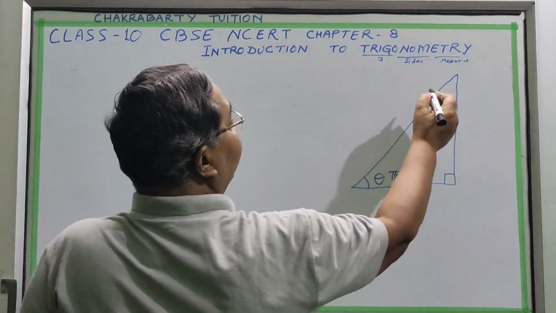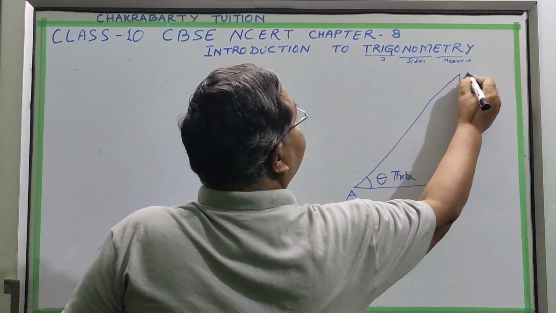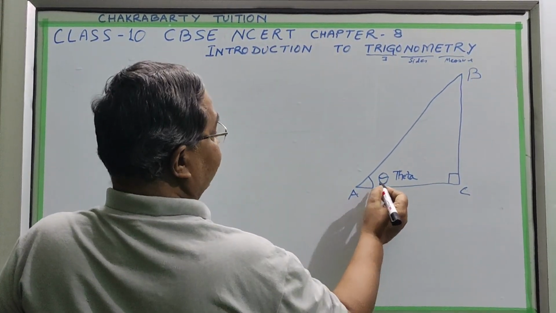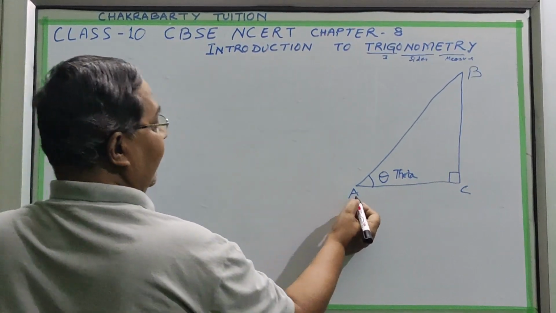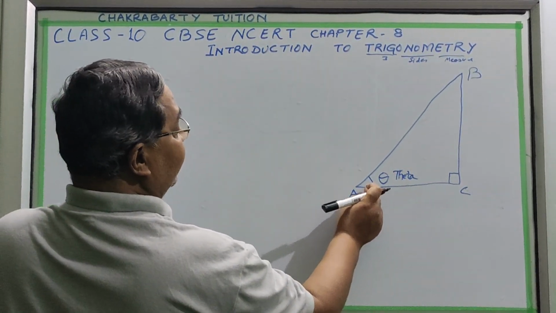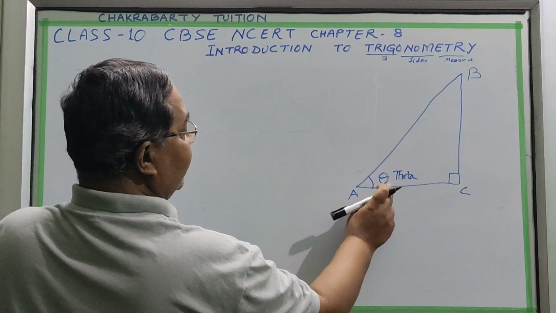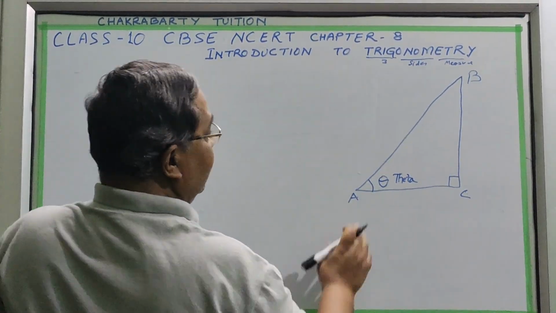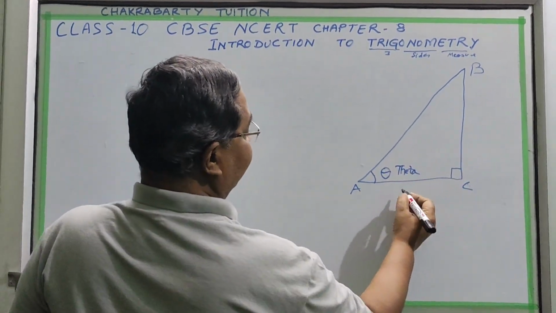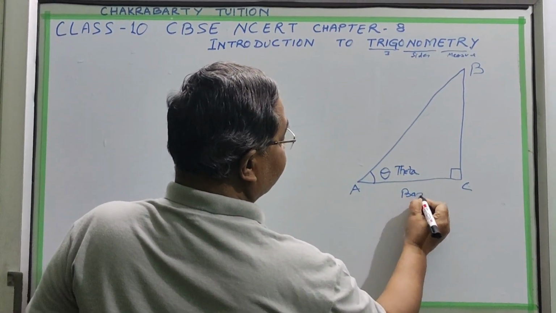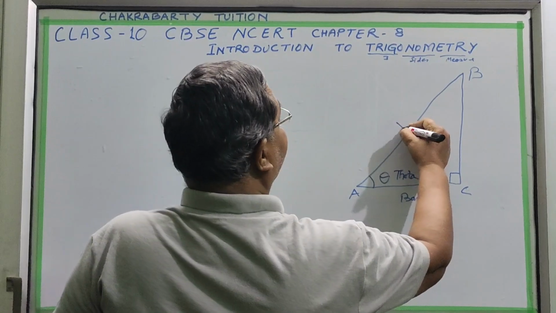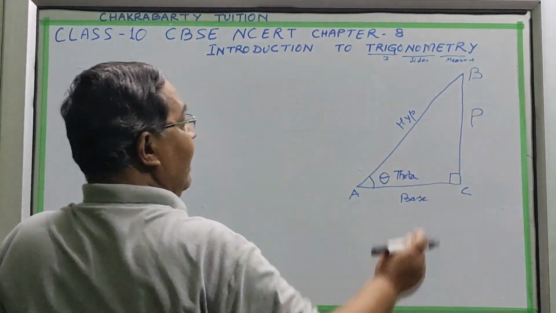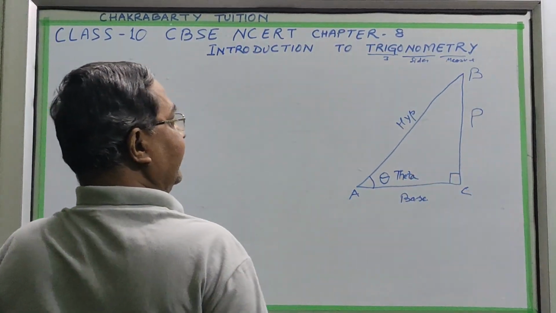Or suppose we make it A, B or C, we can write A also. In place of theta we can write A also. If A is given, it is this angle. If theta is given, it means for this angle we are talking. So here in the right angle triangle, this is always the base, this is always the hypotenuse, and this is always the perpendicular, making a 90-degree angle.